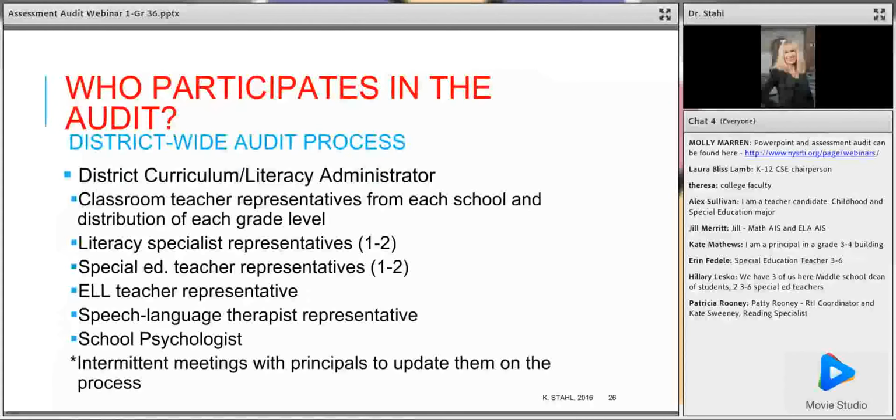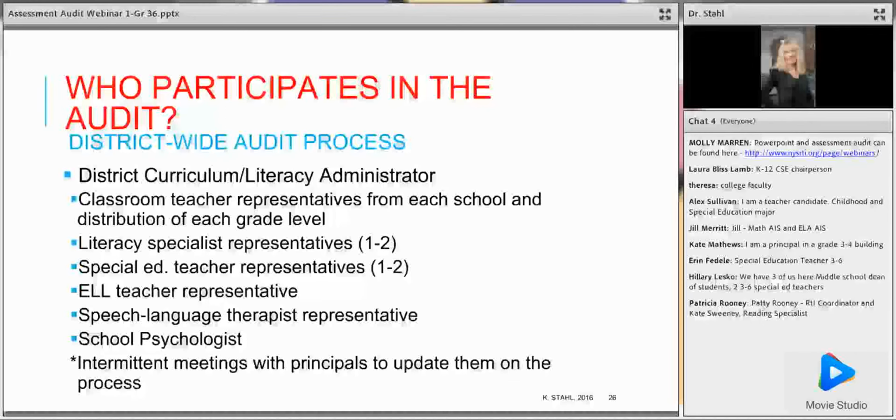The district-wide audit process, this is where you really can make some powerful changes. I will tell you, I worked with 2 school districts last year that did this as a district-wide process. And it was a lengthier process, but I would say it was a very worthwhile process because they really accomplished a lot and were able to bring a lot of skeletons out of the closet, things that people felt and believed were able to be expressed in an open way.